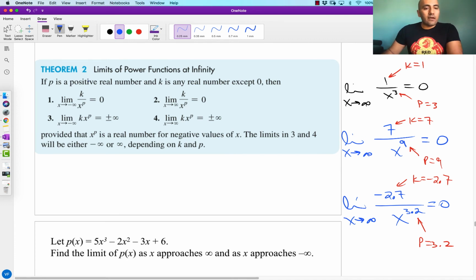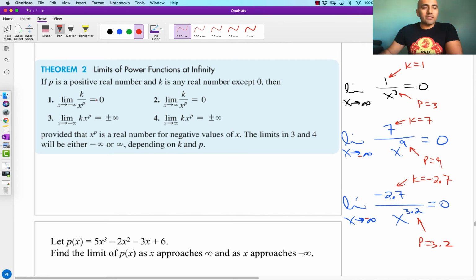On the other hand, if we have the exact same scenario, but now we're plugging in values that are going toward negative infinity, same thing happens. It doesn't matter whether the input values are very large positive or very large negative. If we're dealing with something that fits this form, we know that it's going to go towards 0, right?